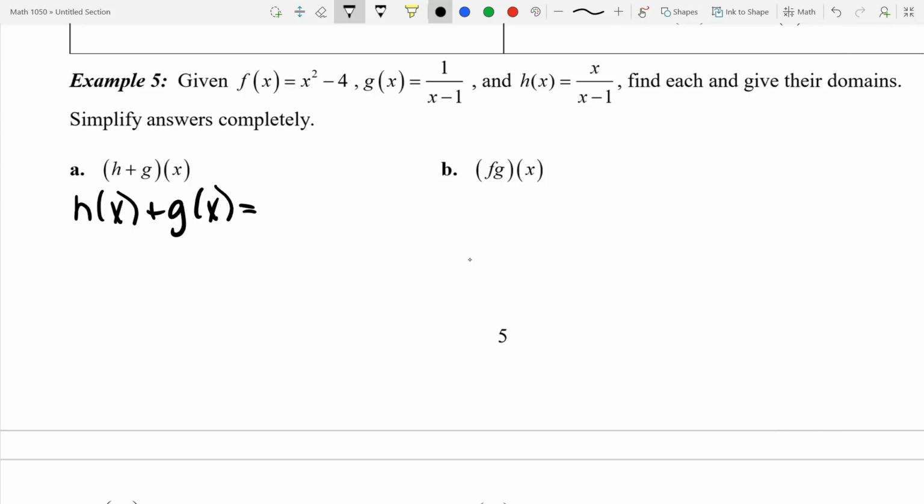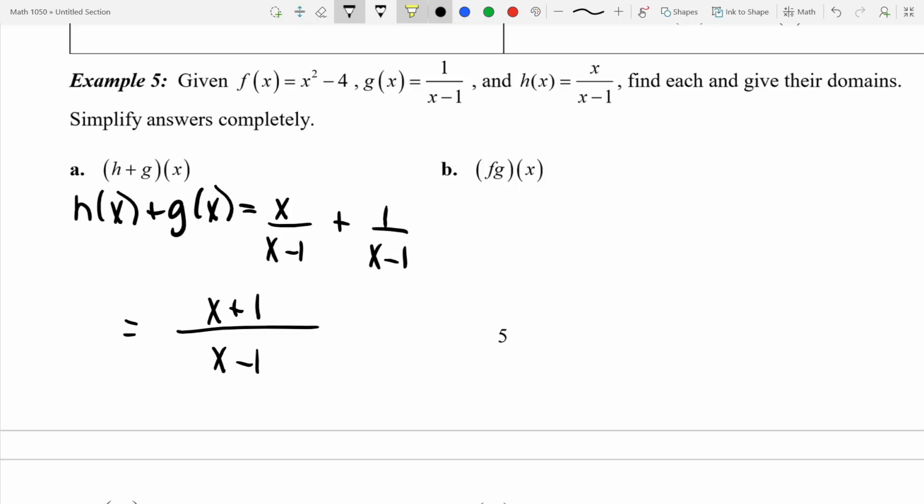So write down your h of x, it's x over x minus 1. Add it to g of x, which is 1 over x minus 1. You guys, what do I have to have in order to add fractions? Common denominator. Do I have a common denominator? Yeah. So the bottom's going to stay x minus 1. The top is an x plus 1. I can just add those together, and I'm done.